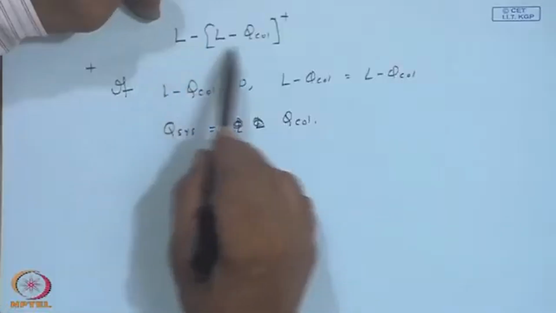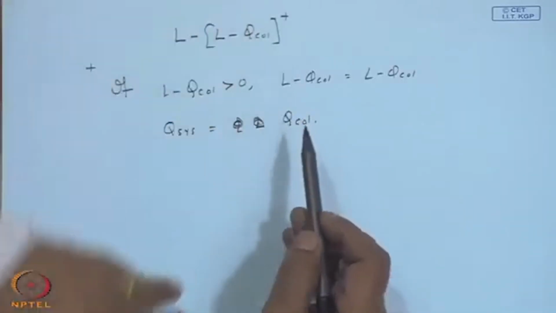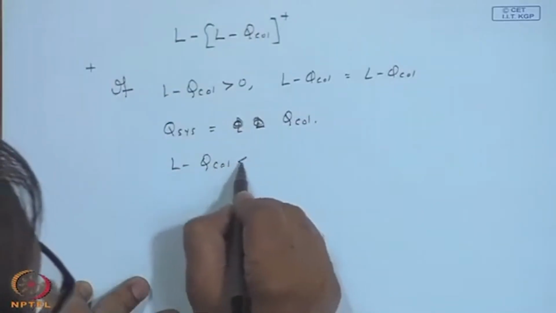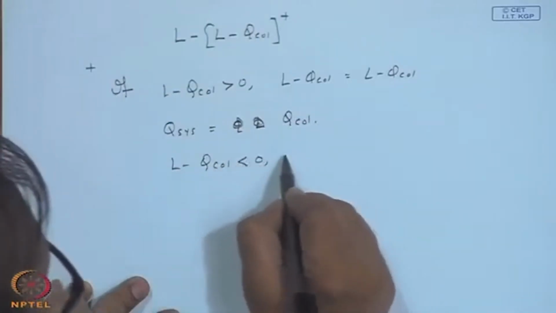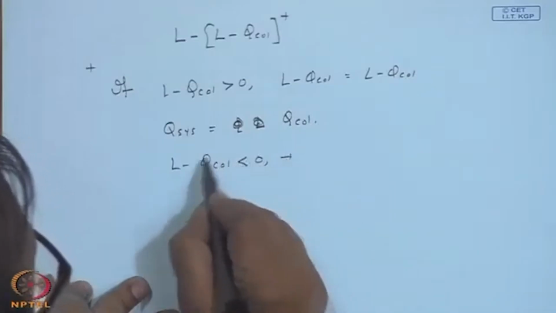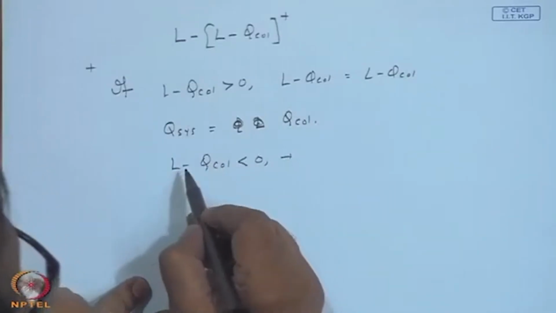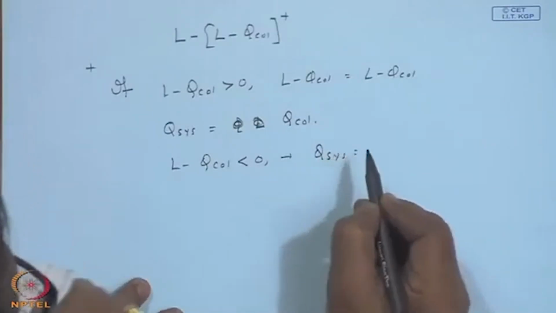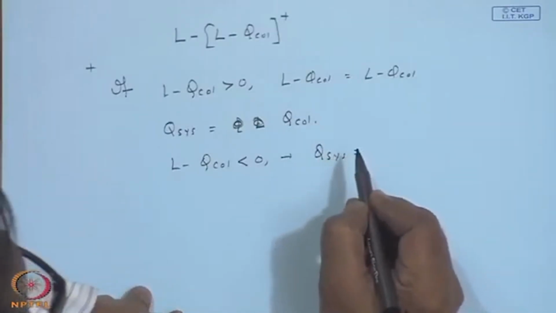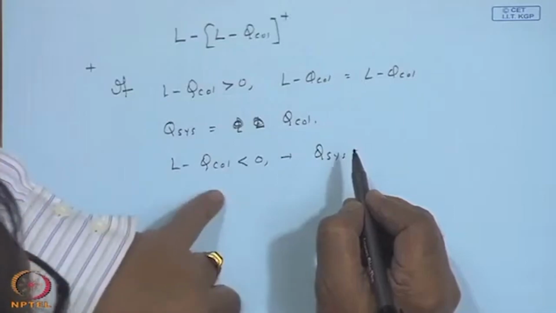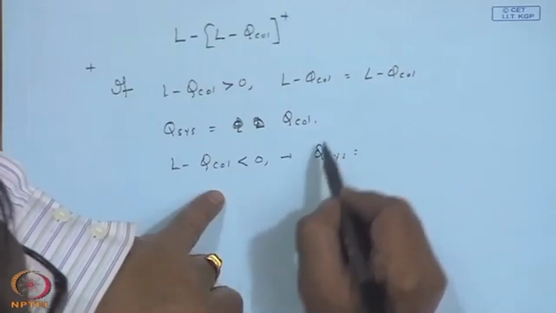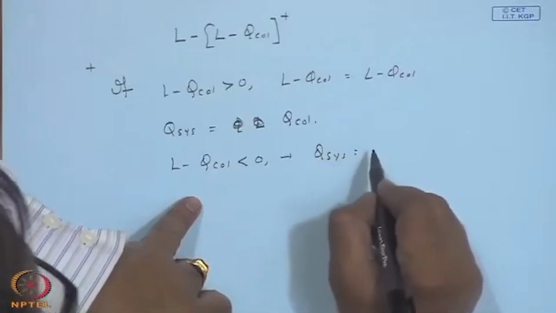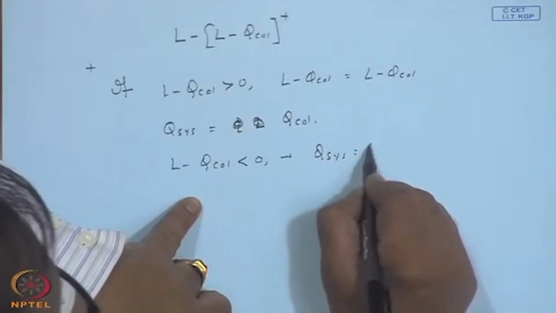So, we will write this in terms of this mathematical symbol, and if L minus Q col is less than 0, that means the supply is more than the load, and Q system equals L. If it is positive, Q system equals Q col.